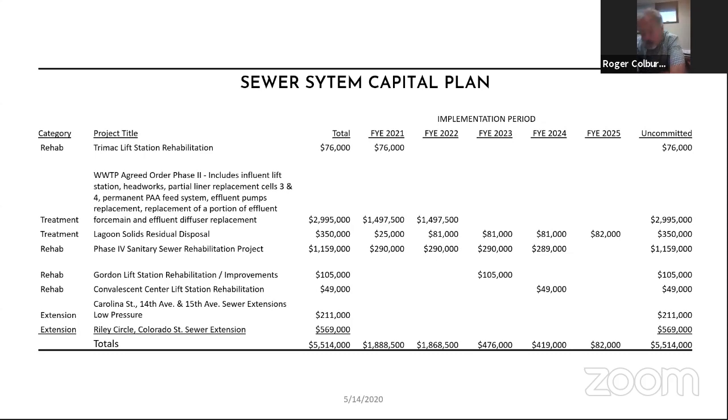And we talked with the TriMac people, and we told them that we'd expect for them to pay at least half of that. So they're going to allocate $38,000 by agreement to compensate us. And I'm hoping that we can build that thing out for probably less than 50 doing it ourselves. That's a relatively shallow lift station. We're going to reconfigure some pumps, and they're suction lift pumps, so they're not that difficult to deal with.